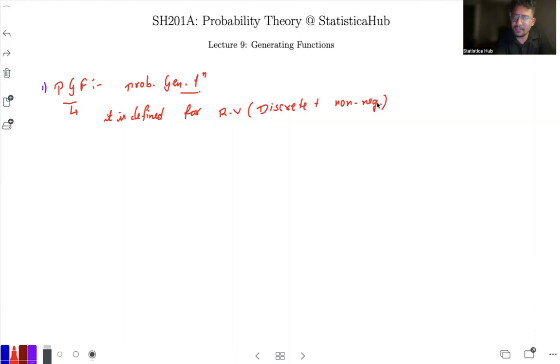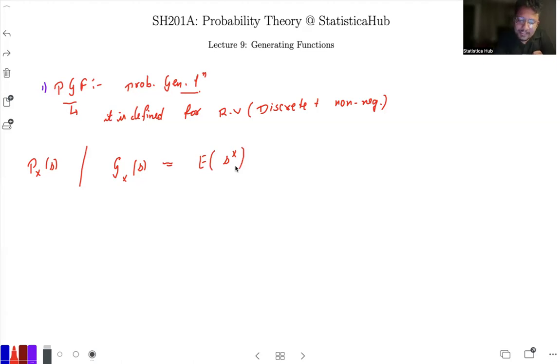So we have to consider a random variable that is discrete and has no negative values. The probability generating function is denoted by G_X(s). In some books you may find P_X(s) also, but I go for G_X(s). It is the expected value of s raised to the power X.